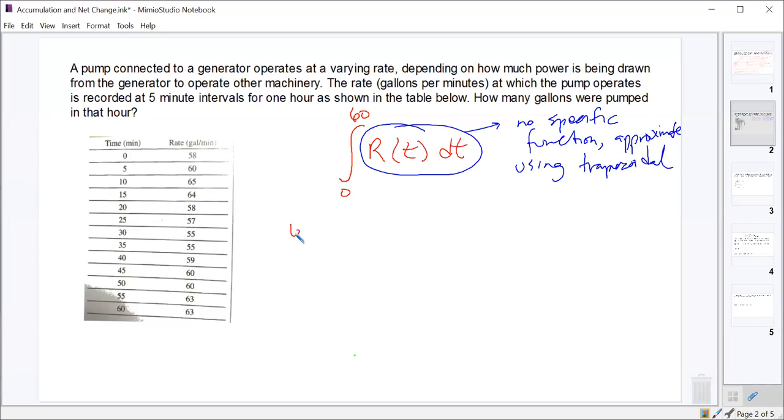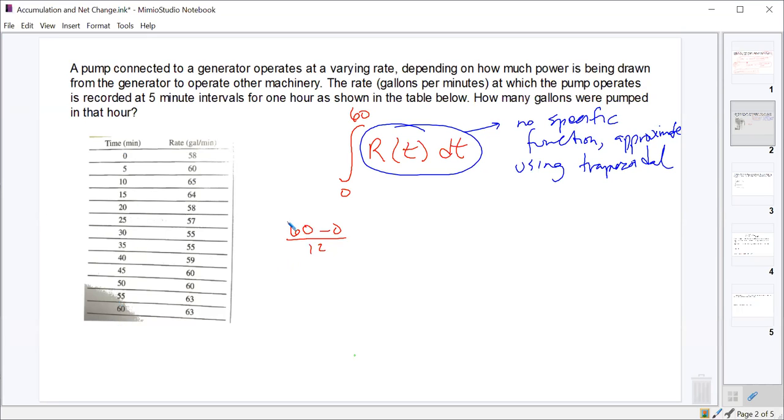b minus a, so 60 minus 0, over the number of subintervals. How many subintervals do we have here? 12.